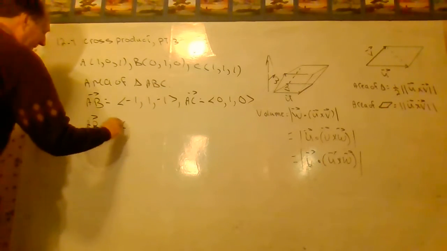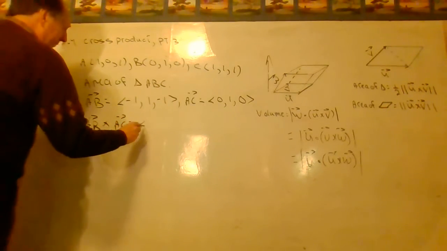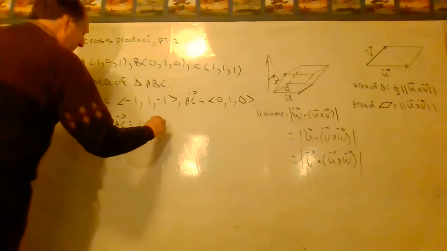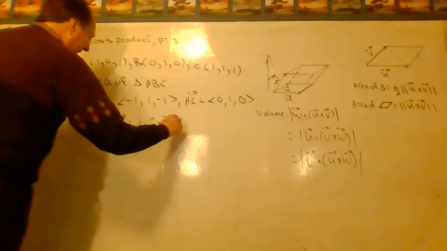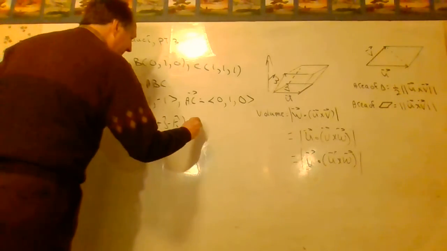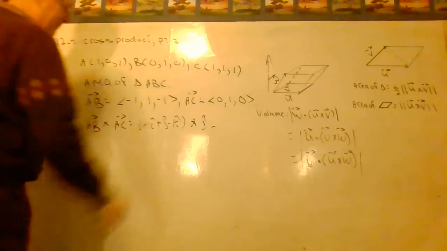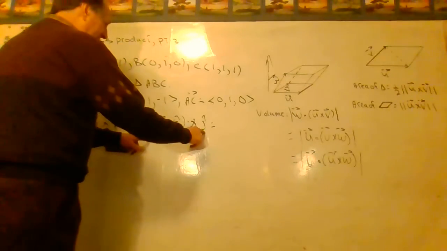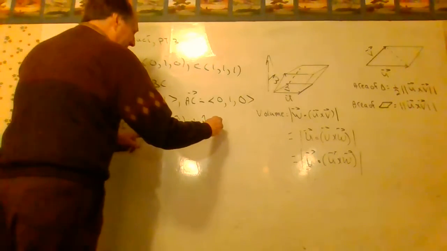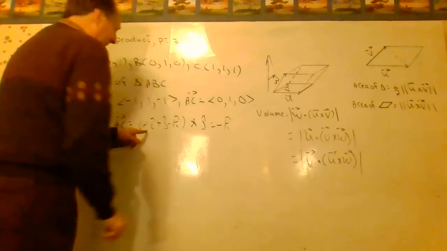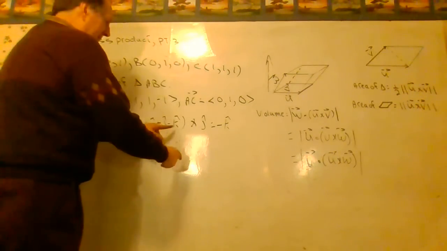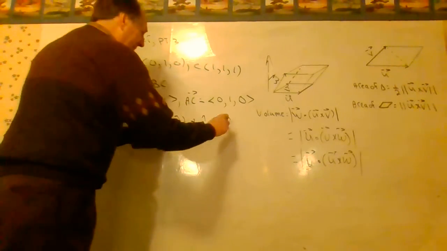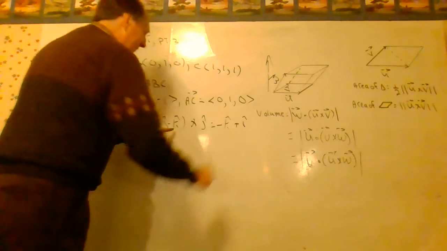AB cross AC is equal to, let's do negative i plus j minus k cross j. Again, you can use a determinant. I cross j is k, but we have a negative, so we have negative k. J cross j is 0. K cross j is negative i. Of course, we have that negative, so it's plus i.